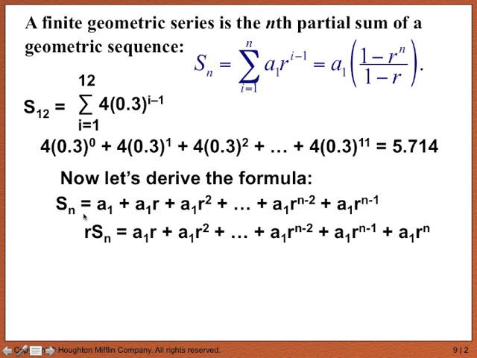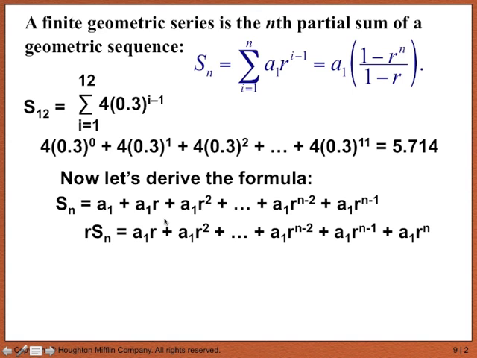So the difference between the first line and the second is that in the second we have r times S sub n. And if I do r times S sub n, keeping in mind the distributive property, that's the same as multiplying each term of S sub n by r. And so what that looks like is a sub 1 r. See how this is just a sub 1, and then the only difference is a sub 1 times r.